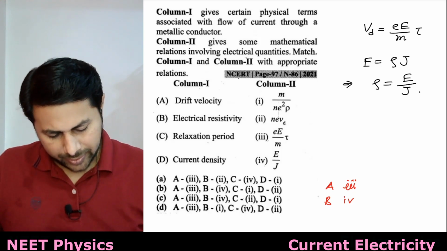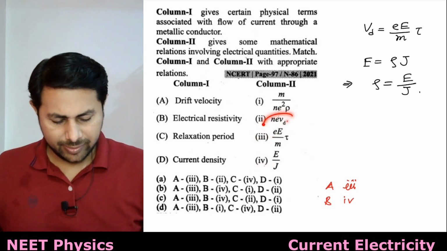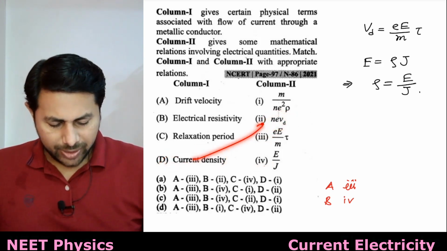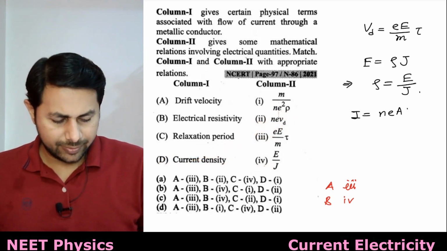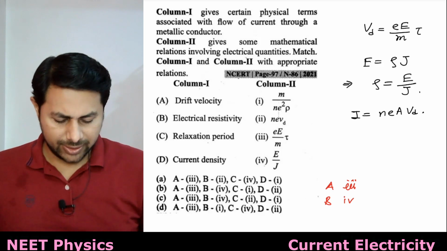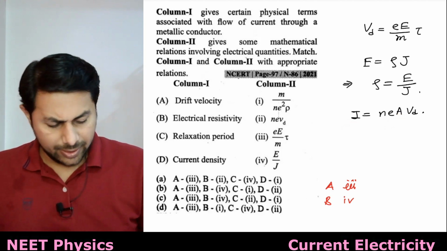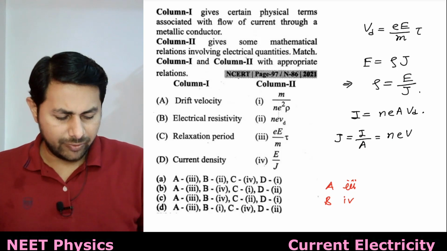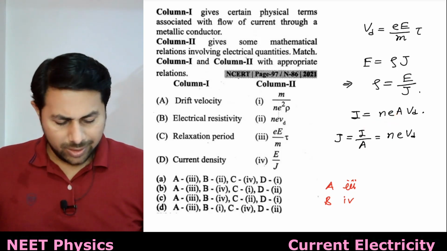Okay, so 3 and 4 are gone. Is it n e v_d? It's not that, right? Because it is for current density. I is equal to n e A v_d. If you move A to this side, then you will get J, which is I by A, equal to n e v_d, because you have moved A to this side, right?